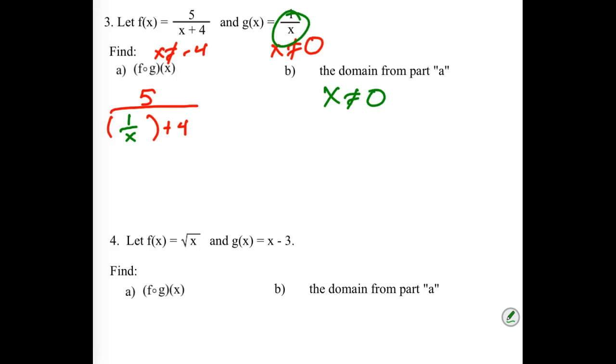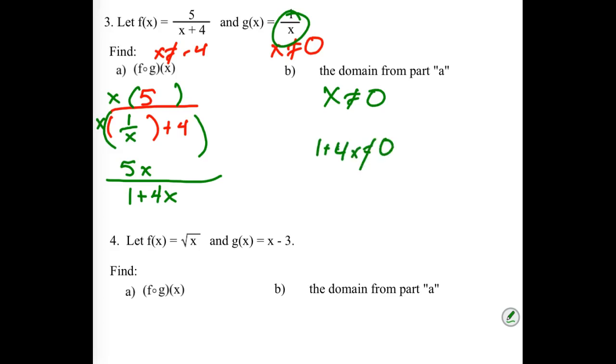Cleaning this up, we're going to multiply by x again. The numerator is going to become 5x. Denominator is going to become what? Good. 1 plus 4x if we distribute that x in. Okay? Now, our denominator can't be 0. What makes 1 plus 4x equal to 0? We don't want that.